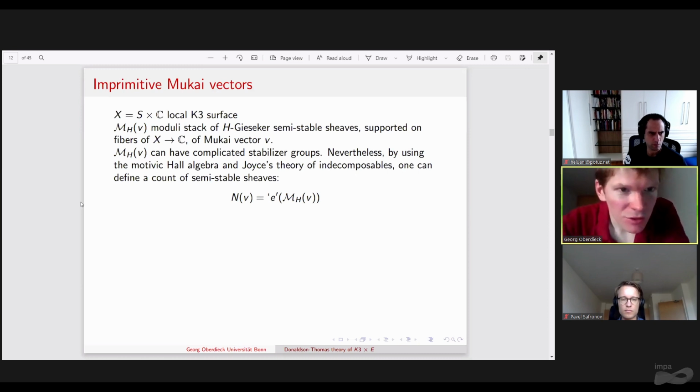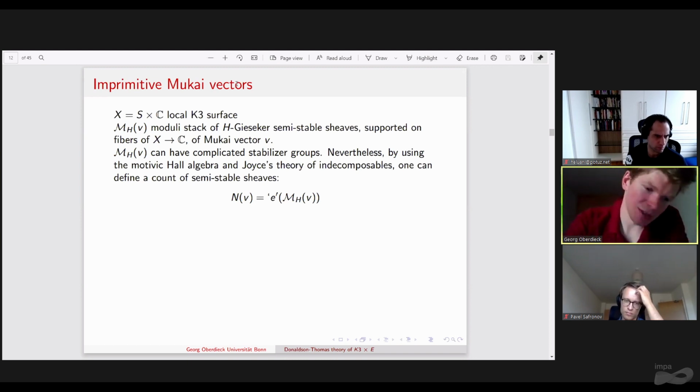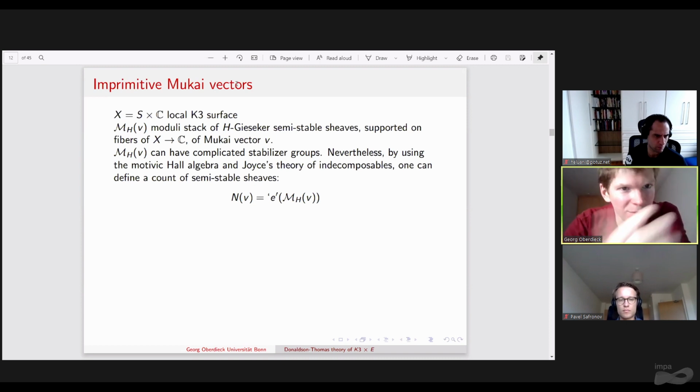Okay, so I want to continue, and maybe the next case to look at is imprimitive Mukai vectors. They will come up later in the K3 times elliptic curve story if you consider the wall-crossing contribution, so let me mention them quickly. The natural place to look at them is the local K3 surface.